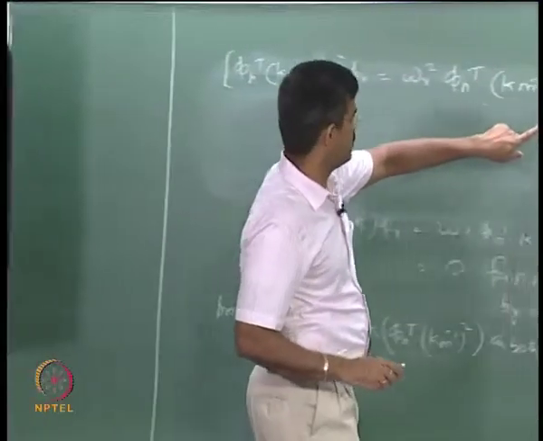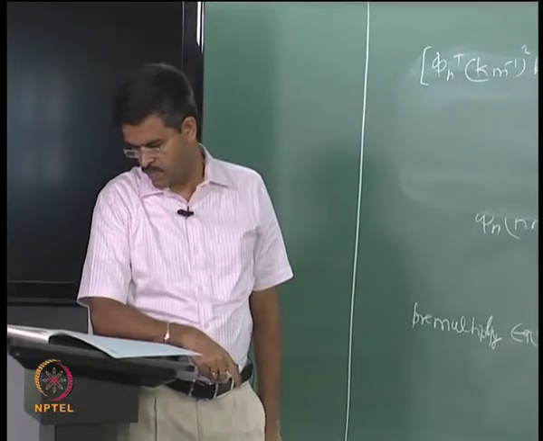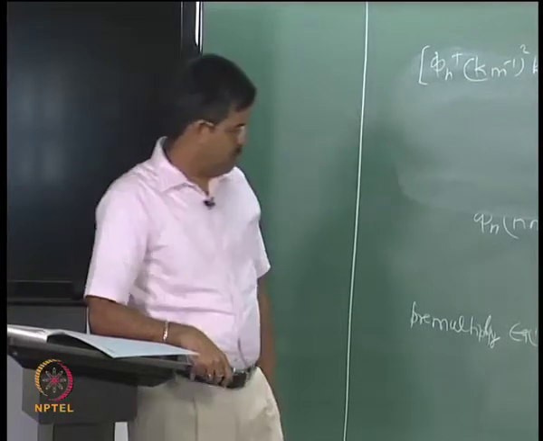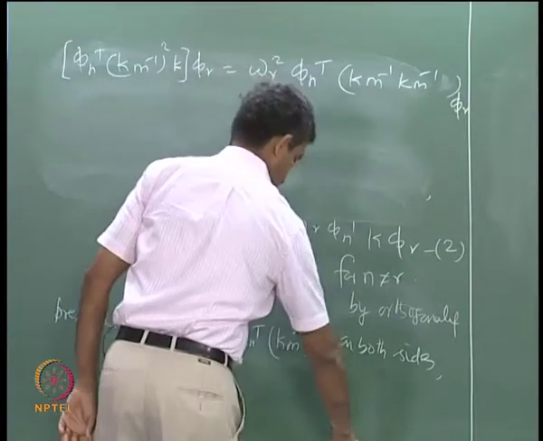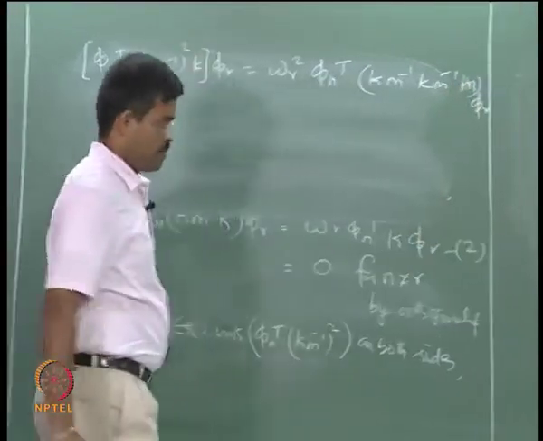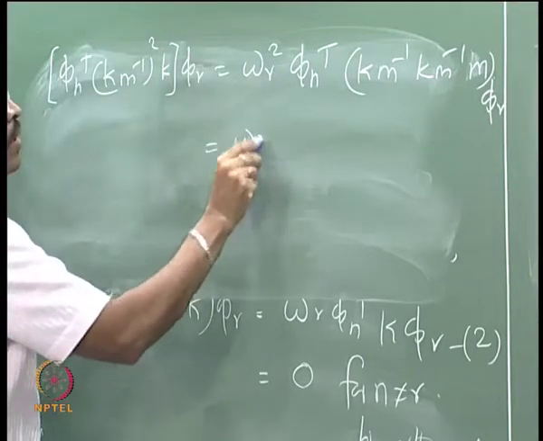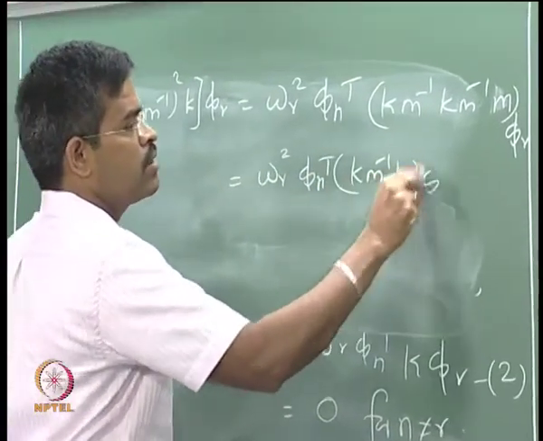There is an m here in equation number 1, which will simplify to omega r square phi n transpose K m inverse K of phi r.